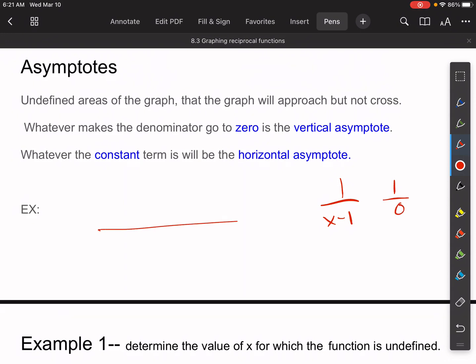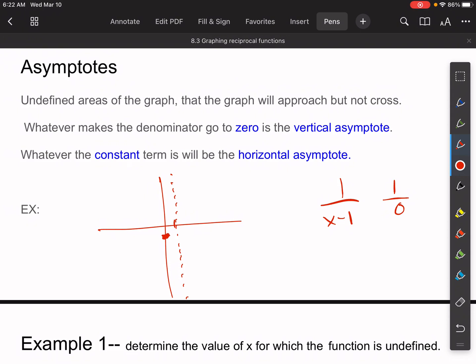So on a graph, if I was graphing 1 over x minus 1, notice if I plug a 0 in there, 1 over -1 is -1, so at 0, I'm at -1. If I plug a 1 in, however, I'm undefined. That is a place where this graph just will not cross.